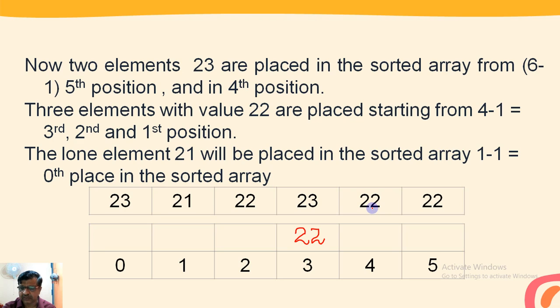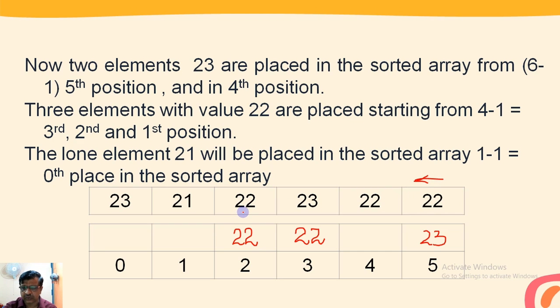And this 22 is placed in 3 minus 1, that is 2. This 23 is placed in 6 minus 1, that is the 5th. And remember, we are entering this original array in the backward direction from the rear end.